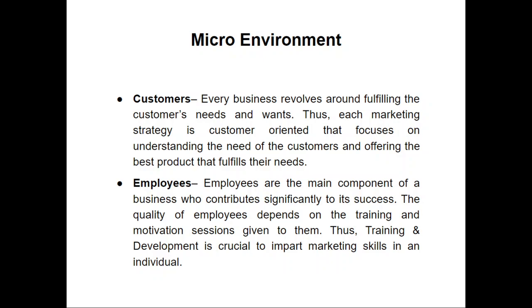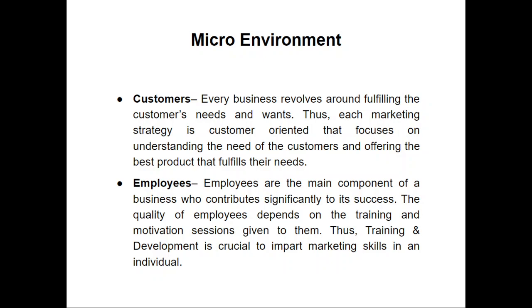Thus, recruitment of the right kind of employees in the marketing department plays a major role, and properly trained and developed employees have to be employed in all the departments of the company as a whole.